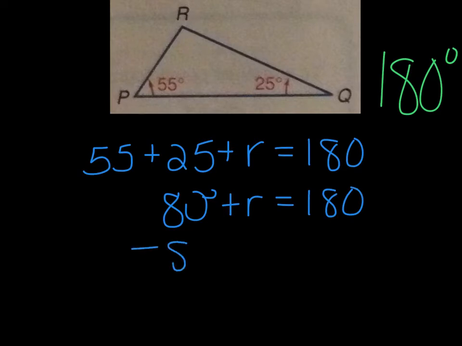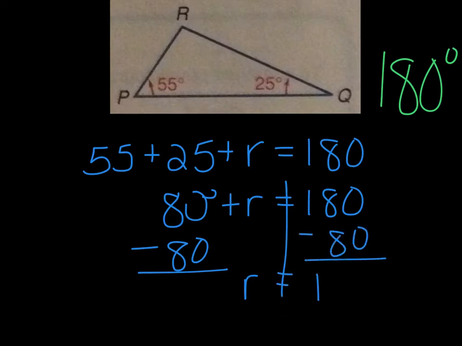Then I subtract 80 from both sides, so I get 100. The missing angle here is 100 degrees because they always equal 180 degrees.